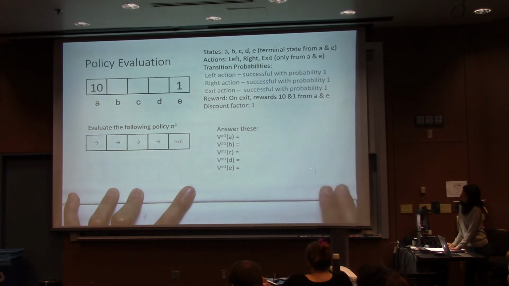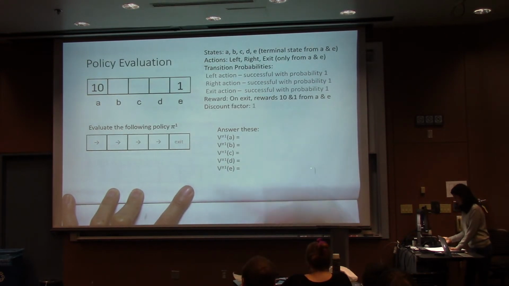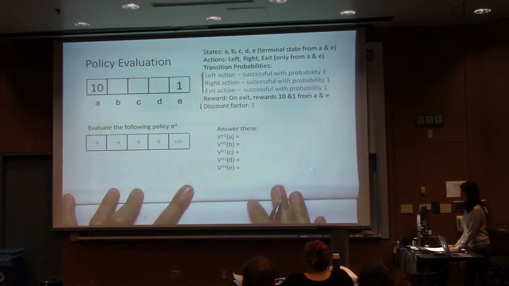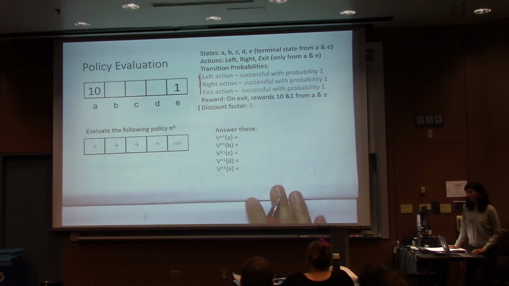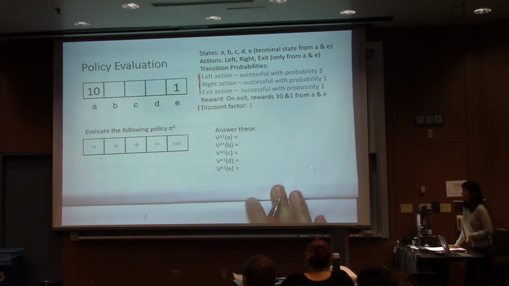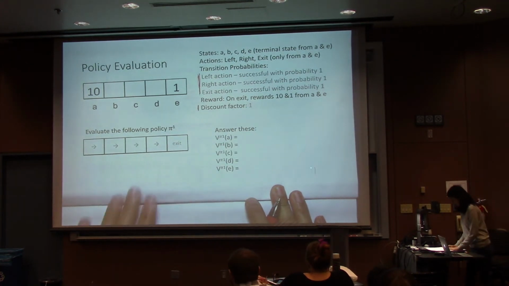First, let's look at policy evaluation. Here the problem is the same as before, only the differences are the transition probability and discount factor. Now your transition probabilities are successful with probability 1 for all the actions, and the discount factor is 1 for easy computation.